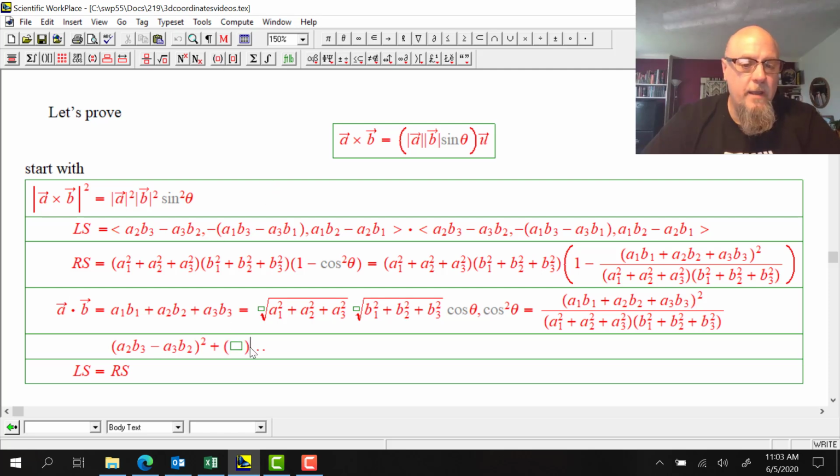And since I'm squaring it, the minus and the minus will cancel, so I can just keep that piece. Plus third times third.